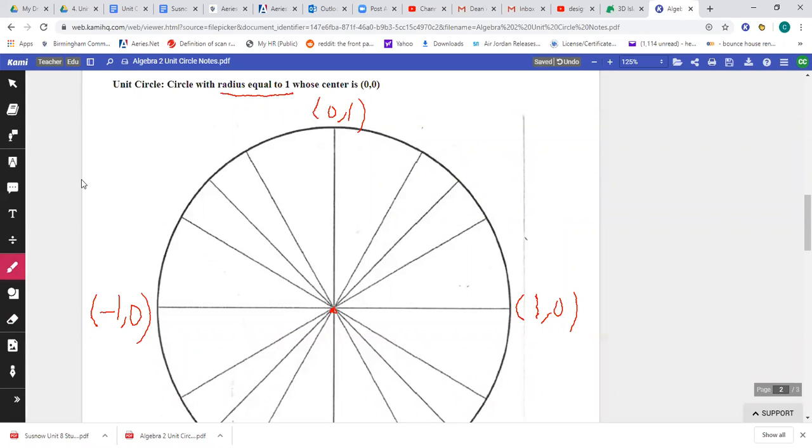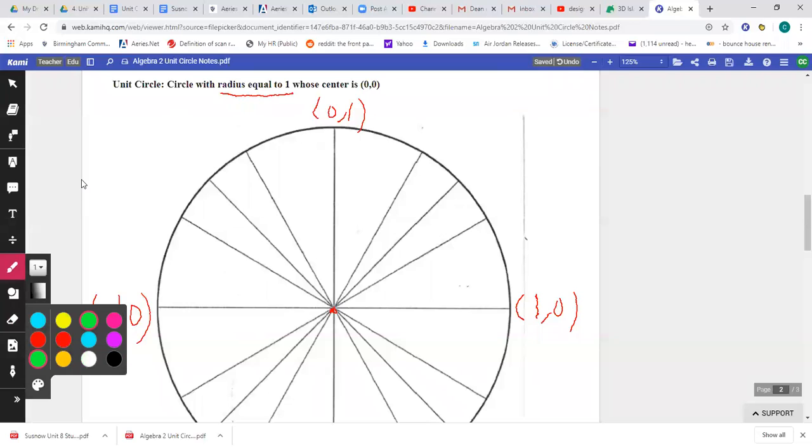So here, I'm going to use a different color. So you see what I'm drawing in the green right here? This is a 30-degree angle. And then what I'm going to do is make a right triangle.